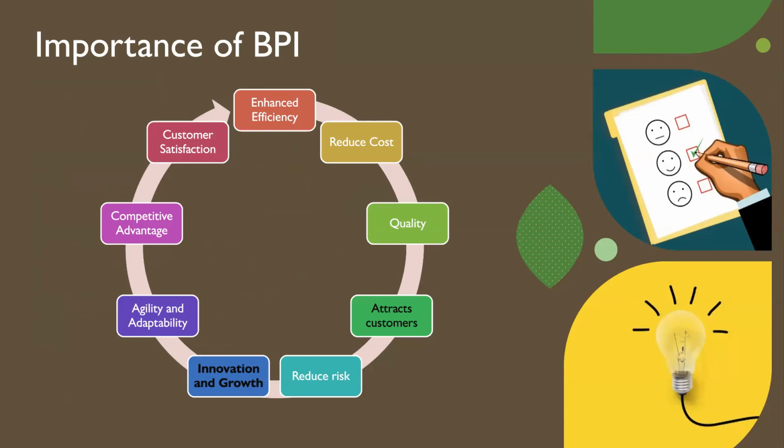When you do your customer segmentation or customer analysis, and you begin to do things that will make your customers come on board, it will also reduce the risk. It will improve innovation and growth in your organization. It also brings agility and adaptability. Things change every moment, so we begin to see agility as well as adaptability.